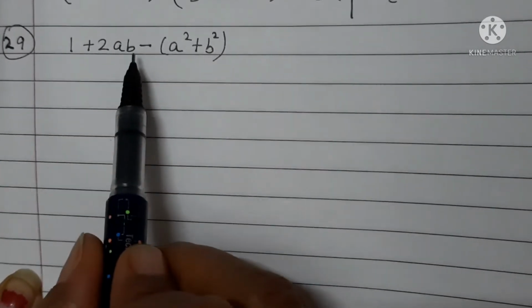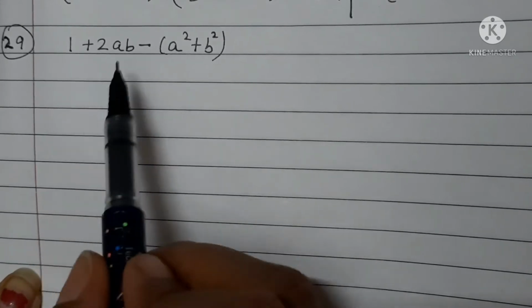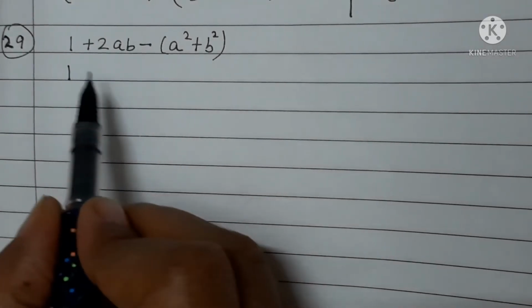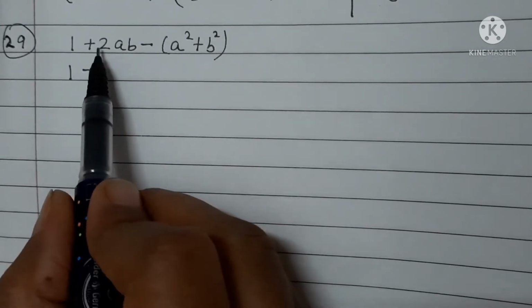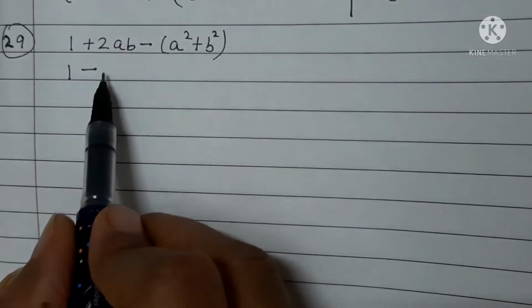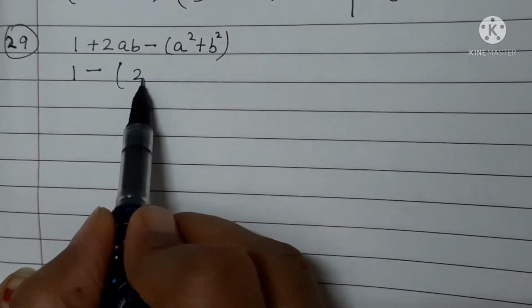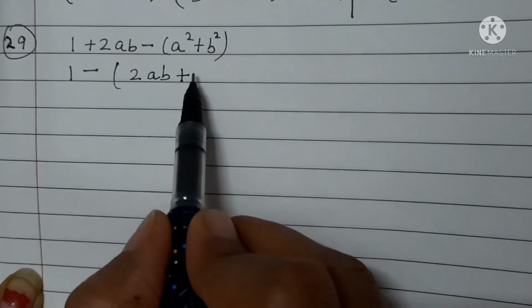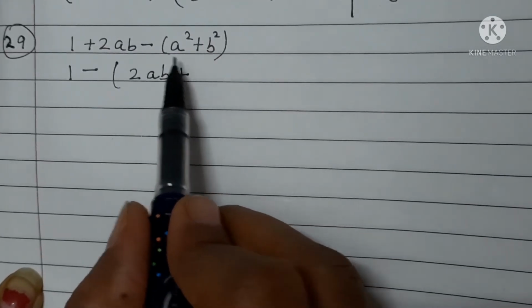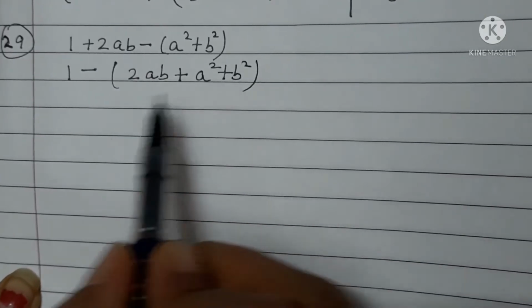And which whole square? It means you have to take minus as common, and then do the steps like this. Taking minus common, so this becomes minus, so write it down in the bracket 2ab, this is minus, and this becomes plus a square plus b square, and open it as a square plus b square.